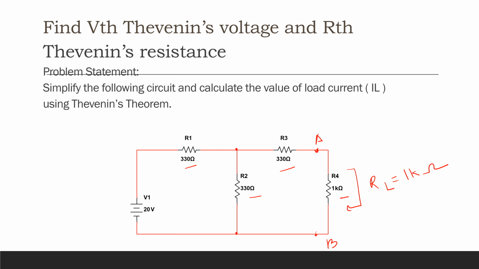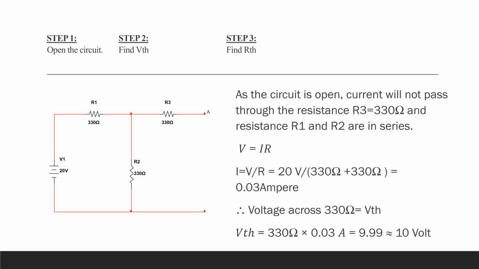So let's start to solve this numerical. Problem statement we already know. These are the steps. First step, open the circuit. Second step, find Vth. Third step, find Rth. First step, open the circuit. So this is point A and this is point B, and in the circuit we remove the load resistor. Step 1 is completed.